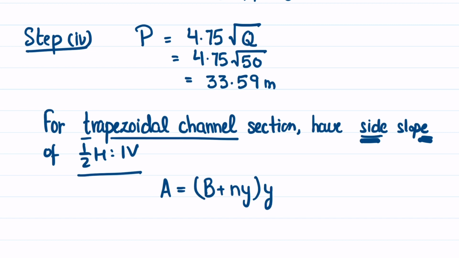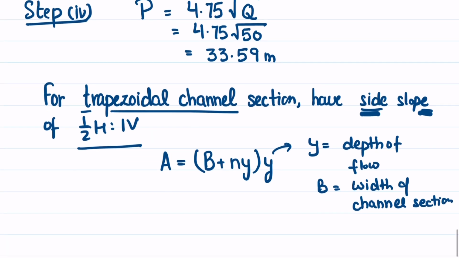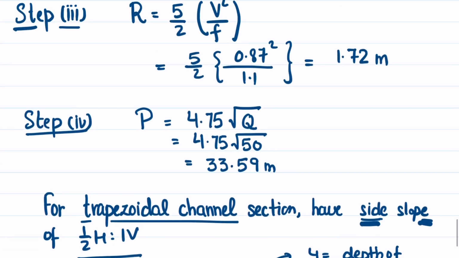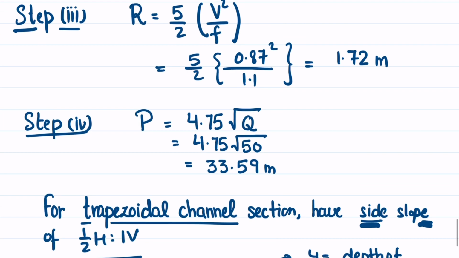y, where y is the depth of flow and B is the width of the channel section. Now the value of area we have already found in step 2, 57.50.